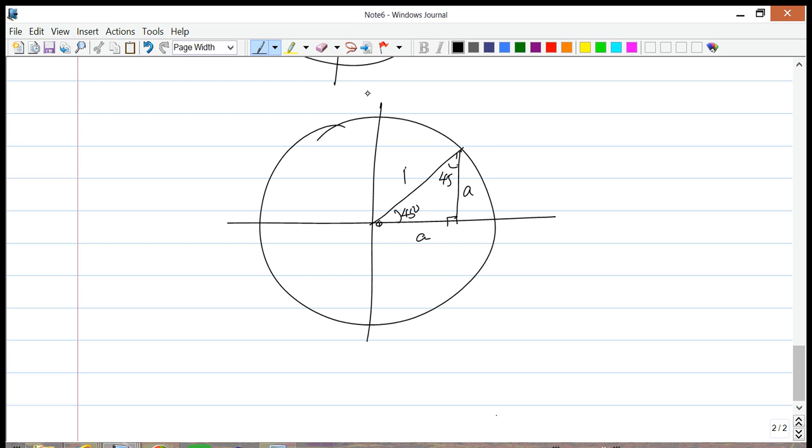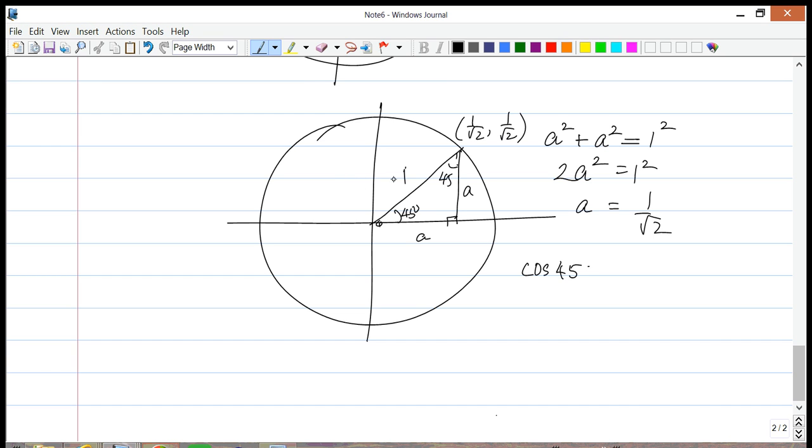Let these sides be a, and from Pythagoras theorem we know that a square plus a square equals 1 square, which means 2a square equals 1 square, which means a is equal to 1 over square root 2. So now we know the coordinates of this is 1 over square root 2, 1 over square root 2, and this gives us cosine of 45 equals 1 over square root 2, sine 45 equals 1 over square root 2.